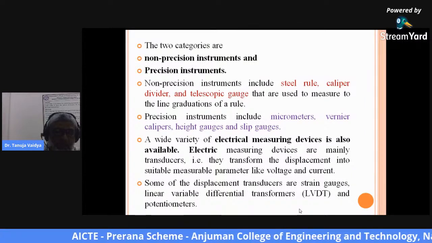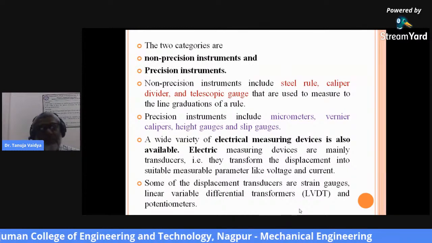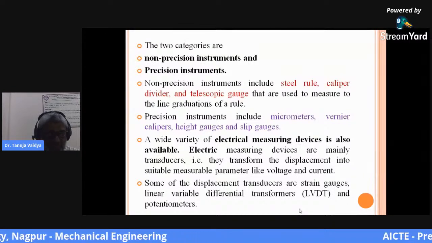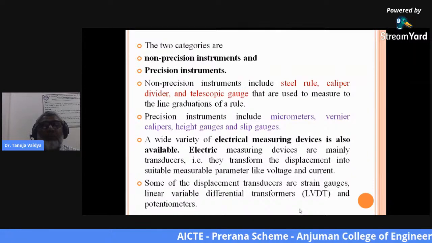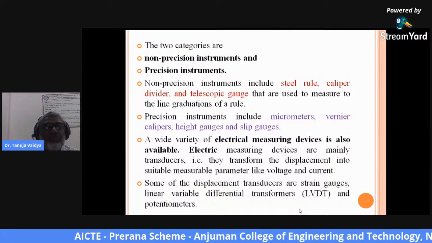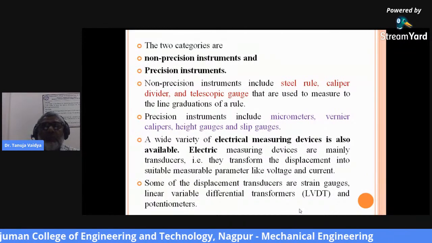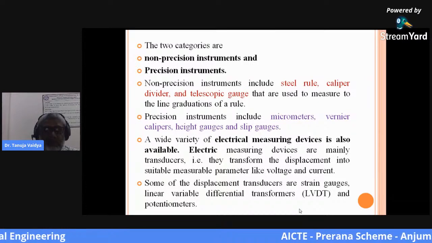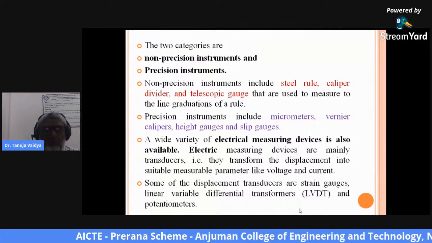In contact type, we have micrometers, calipers, dial indicators. In non-contact type, we have toolmaker's microscope, or comparator, etc. They are also categorized as non-precision instruments and precision instruments. Non-precision instruments generally include steel rule, calipers, dividers, and telescopic gauges, and they are used to measure through a line graduation on a rule.